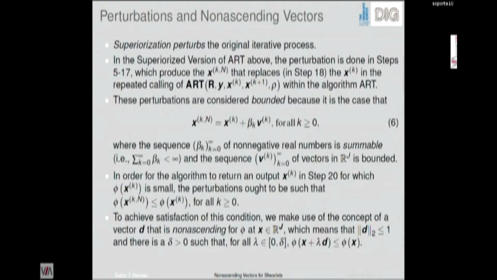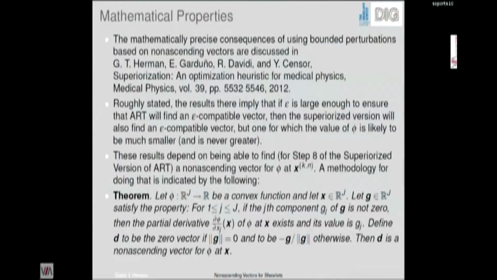but at least we know that there's always one, and I can look for something better. So there are some mathematical theorems which appeared in this paper that I mentioned before, but roughly stated, the results there imply that if the epsilon is large enough to ensure that ART will always find an epsilon compatible vector, that is, that the feasibility problem will be solved by the original algorithm, then the superized version will also find an epsilon compatible vector.